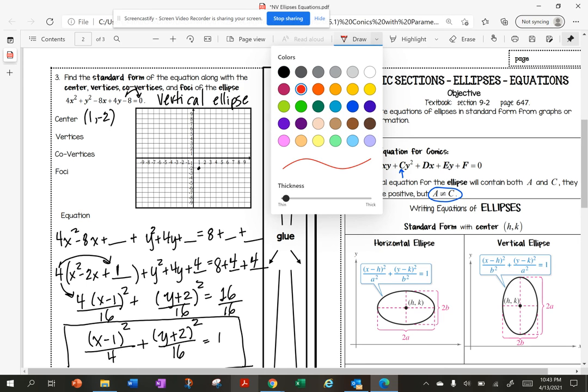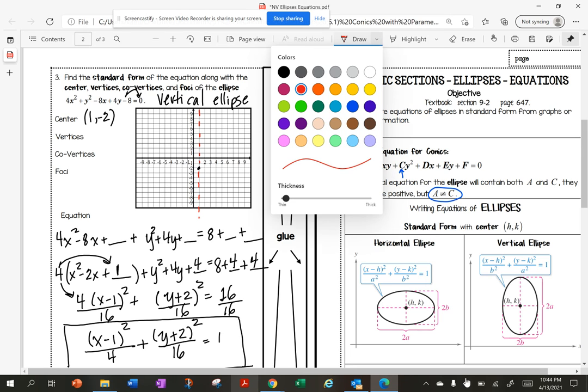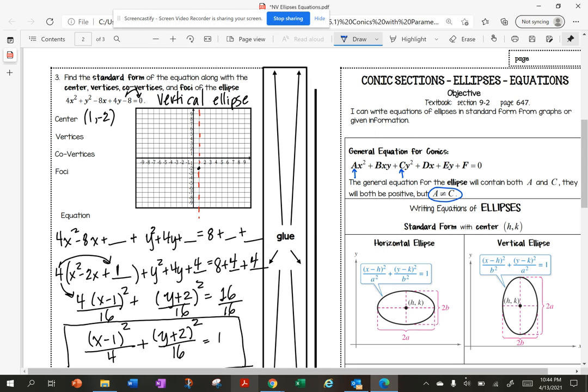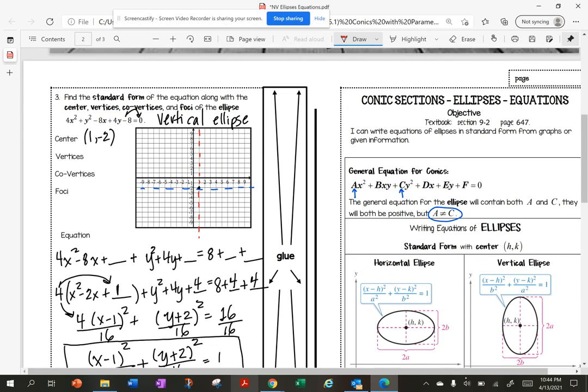And my major axis is vertical. My minor axis is horizontal. We said a is 4. So I'm going to go up 4, 1, 2, 3, 4, and down 4, 1, 2, 3, 4.